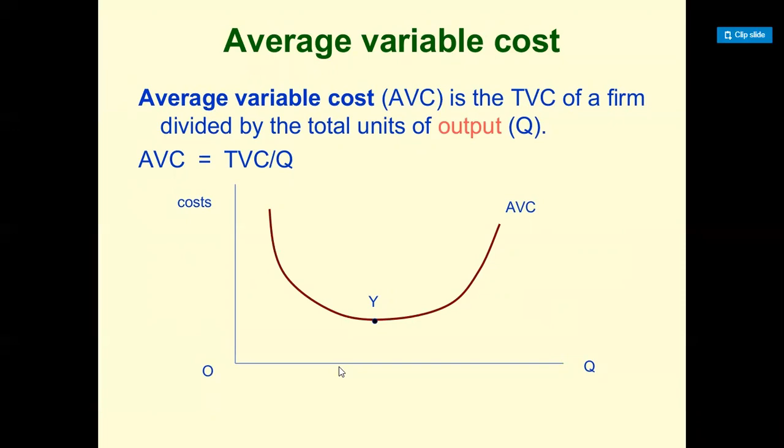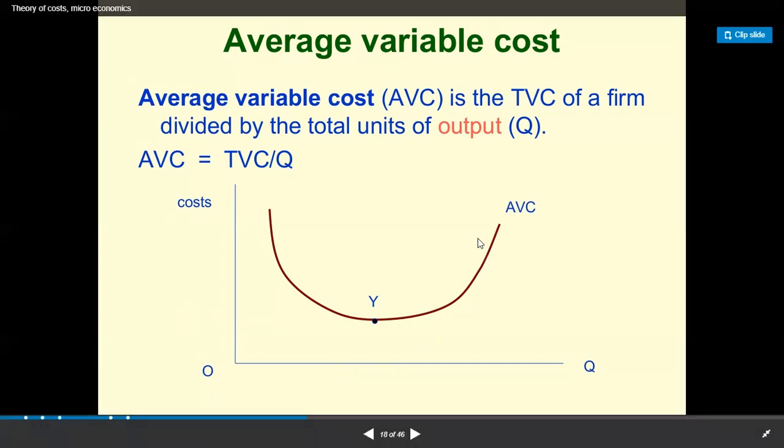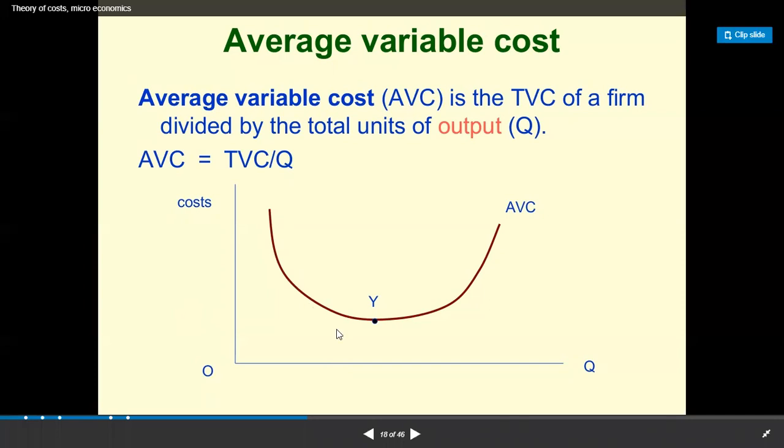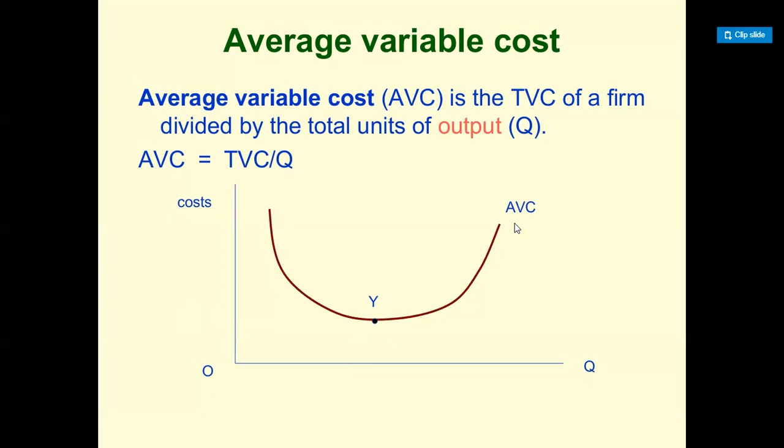AVC initially falls with an increase in the output, until the output reaches the optimum level. Then AVC starts rising. It can be better understood with the help of this figure here. We see that AVC initially falls as the output increases, and on reaching the minimum level it starts rising.